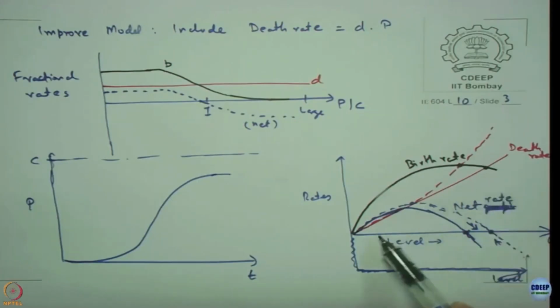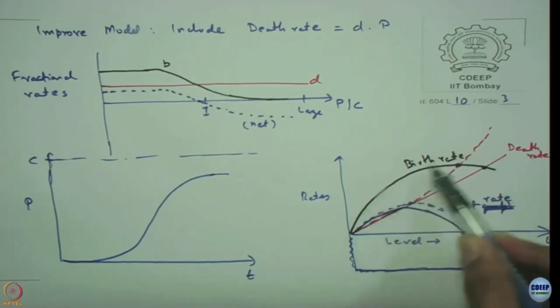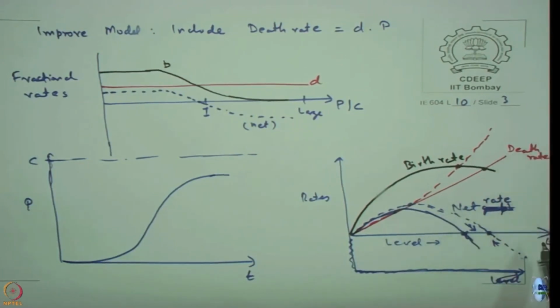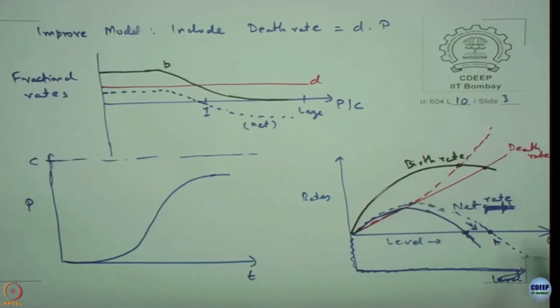So, if we did not have the death rate at all as a constraint, in the first case the birth rate increased, then it fell down and hit the level, that is the maximum I can reach. If I have death rate linearly increasing, then my birth rate graph is going to intersect at a much earlier point, that means the equilibrium point shifts lower, and if death is also increasing non-linearly, then my equilibrium point will be even lower.